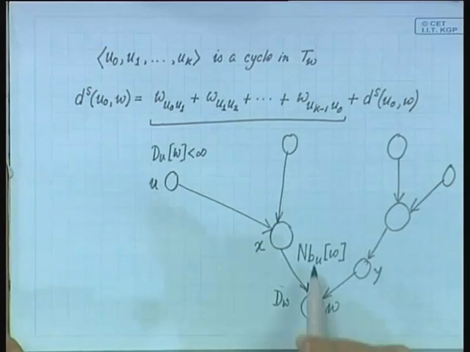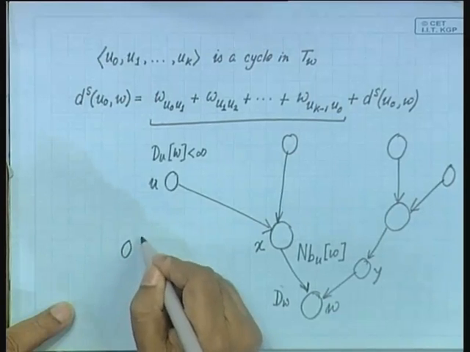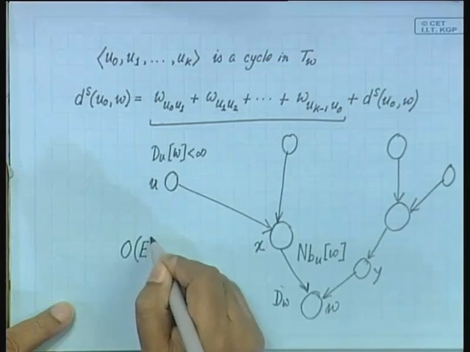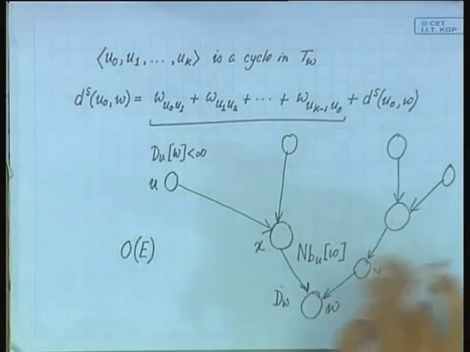So, how many messages are we going to need in the worst case? Order E, right, order of E, where E is the number of edges in the whole graph, in the whole network, not only in this tree.